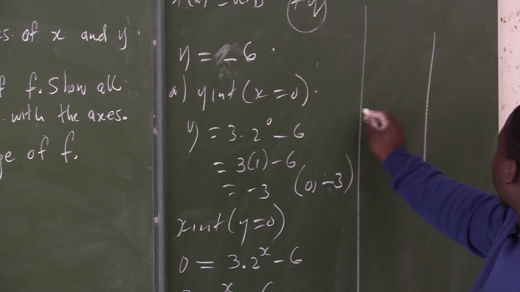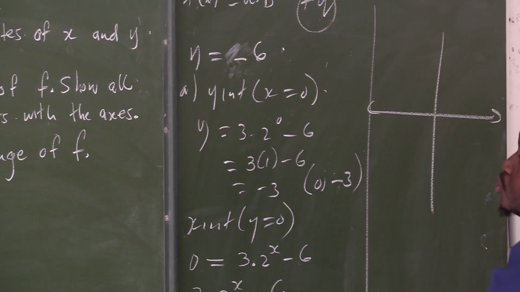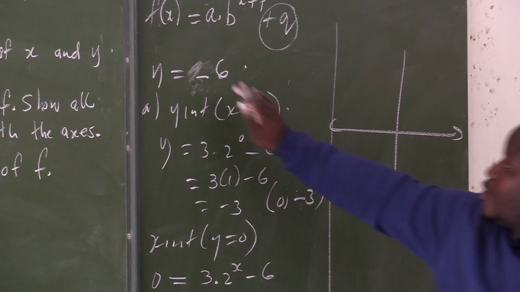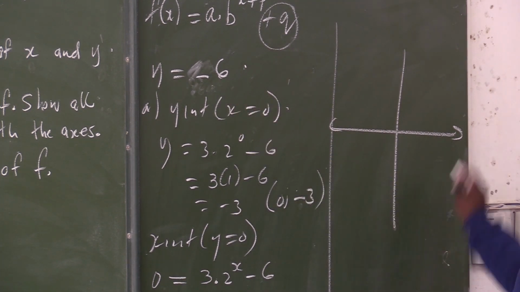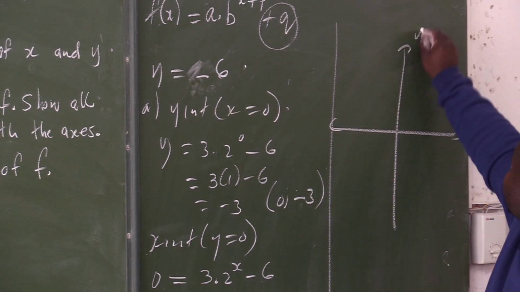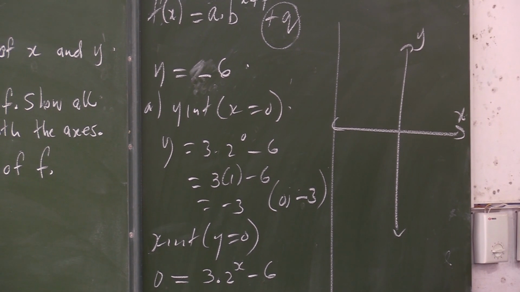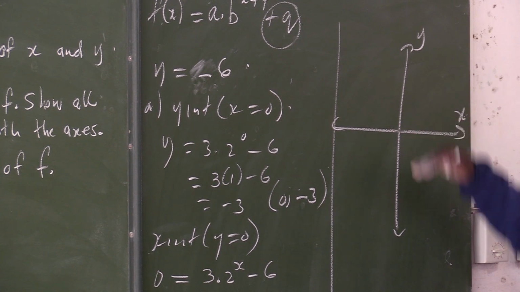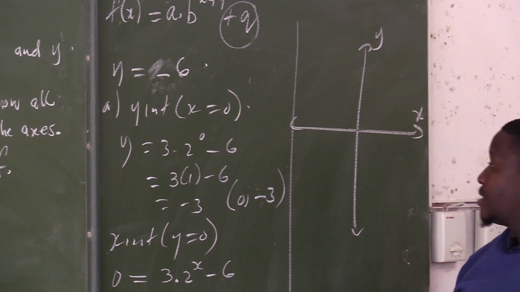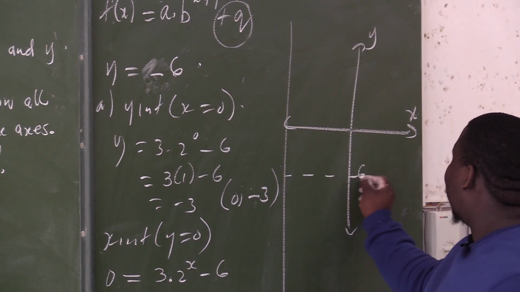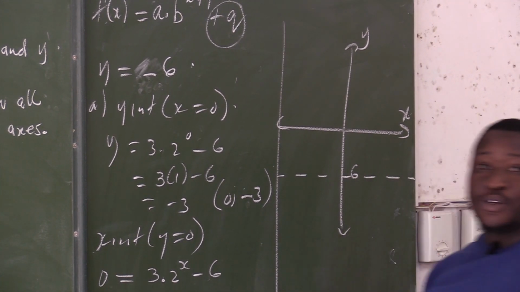The first thing we are going to do is to draw the asymptote. What is my asymptote? Negative 6. Here, these are the x-axis and these are the y-axis. So where can we find the negative 6 on the y-axis? Obviously, below the x-axis. Then if my y is negative 6 here, I need to use broken lines to indicate the asymptote.